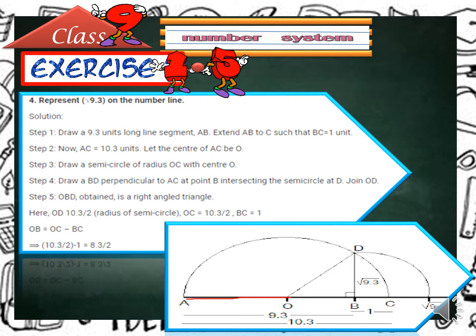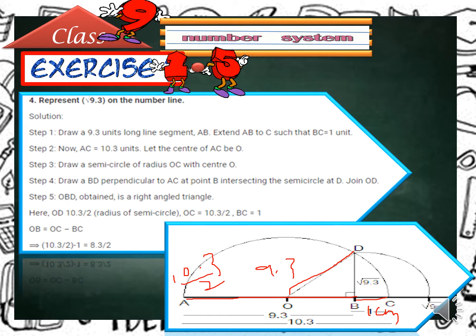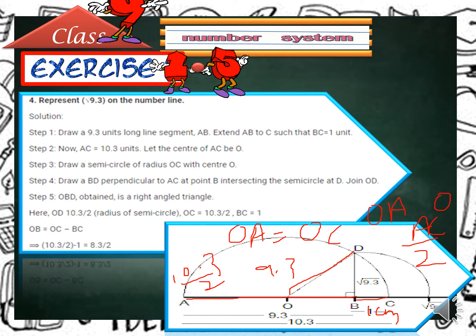You know what AB is: AB is 9.3, BC is 1 centimeter and AC is 10.3. And what is OD? When you measure OD, you will get 10.3 by 2, because OA is equal to OC. When you divide AC, you will get OA and OC.